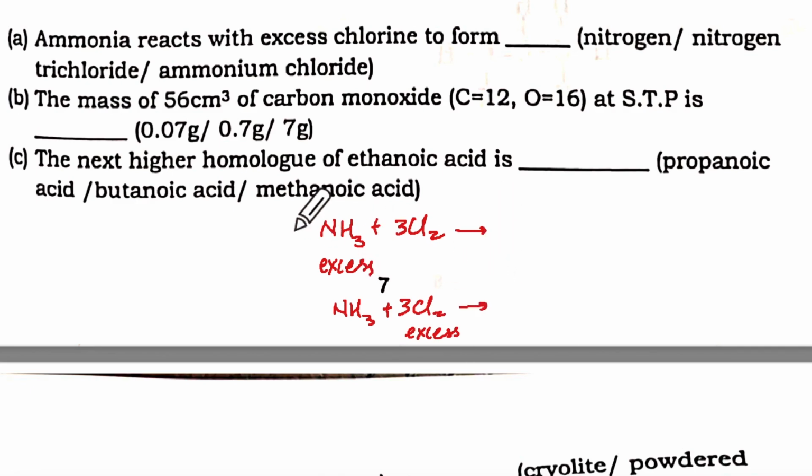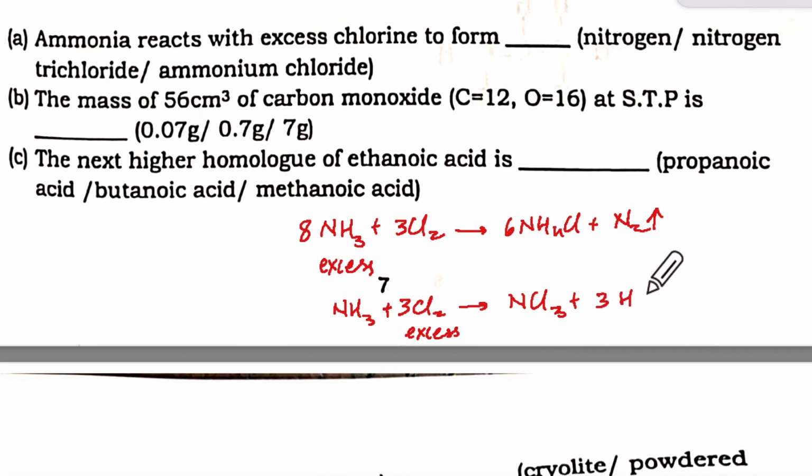If ammonia is in excess, it is 8NH3 giving 6NH4Cl plus N2, the gas liberated. And if chlorine is in excess, this will give you NCl3 plus 3HCl.